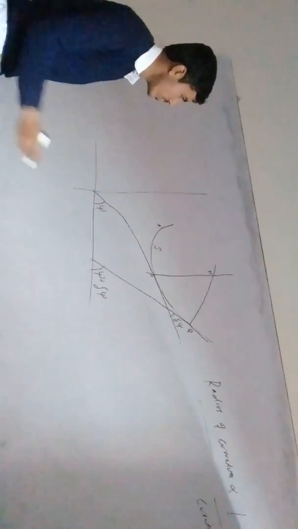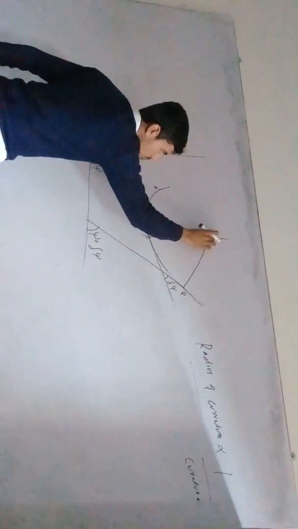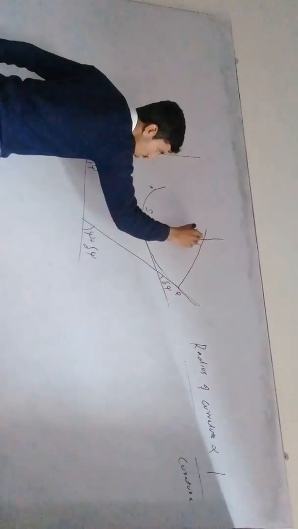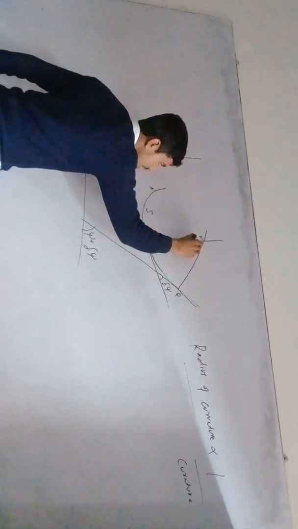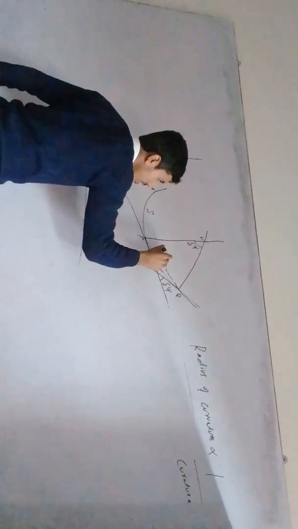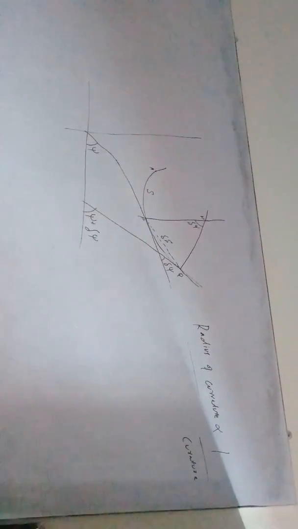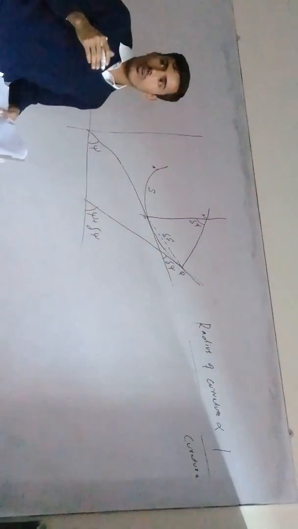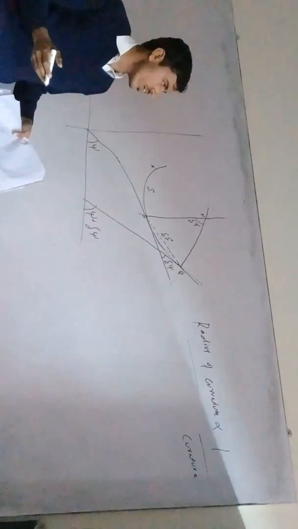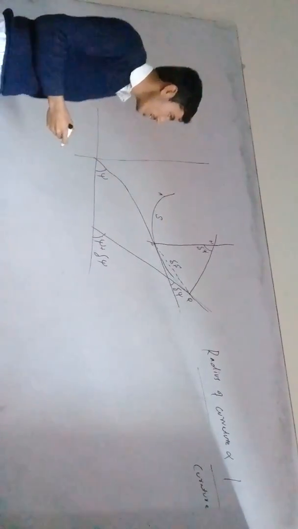Now, as you can see, these two lines which intersect each other at this point will also make another angle. We named it angle psi. And the distance between this P and Q is del S. Now what I'm trying to give you the idea from this figure is to understand the curvature idea, that how much the curve has, how you can find the curvature of a given curve by just simple representation.